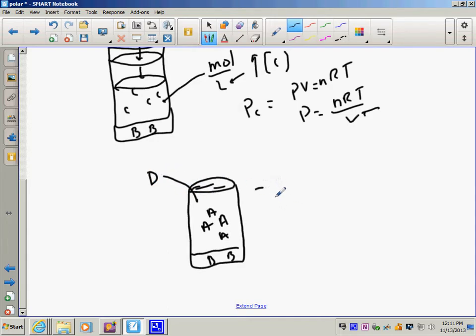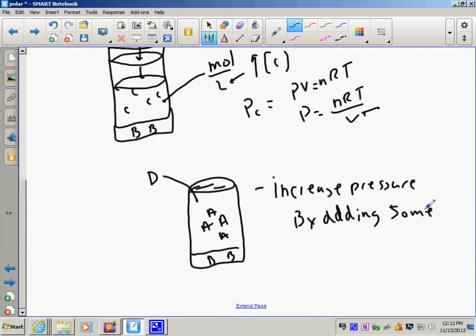And they say, okay, I'm going to increase pressure by adding some D. Now granted, the total pressure of the entire container, PV equals nRT, has definitely increased.